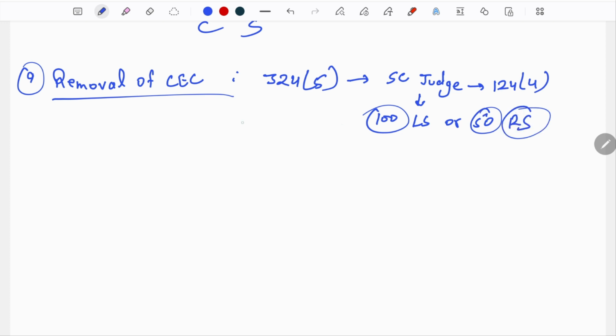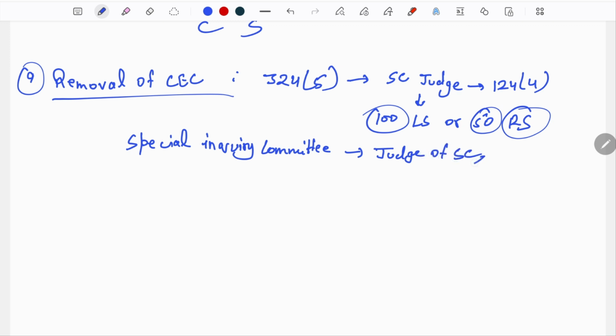Thereafter, a special inquiry committee is set up, which includes a Judge of Supreme Court, the Chief Justice of a High Court, and an eminent jurist.